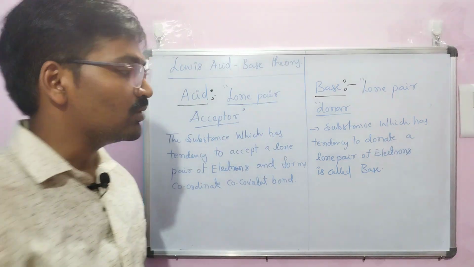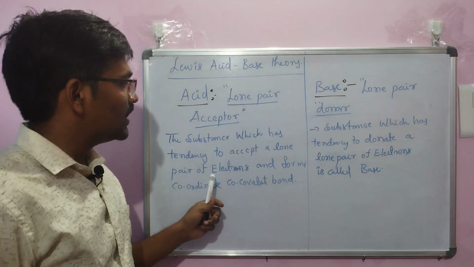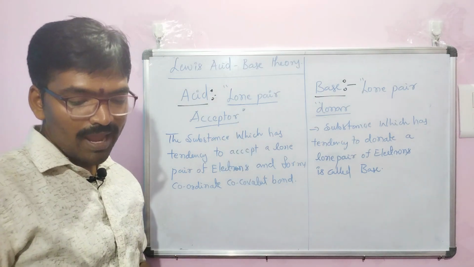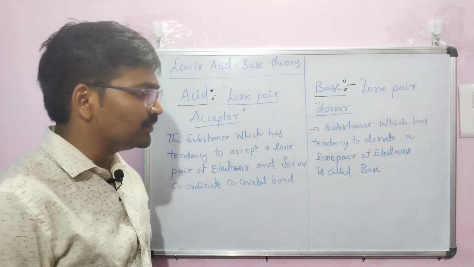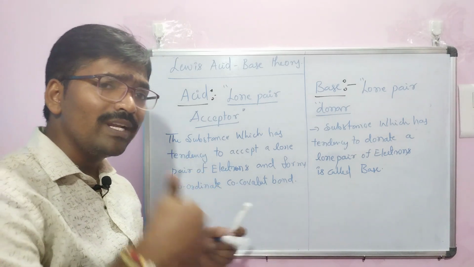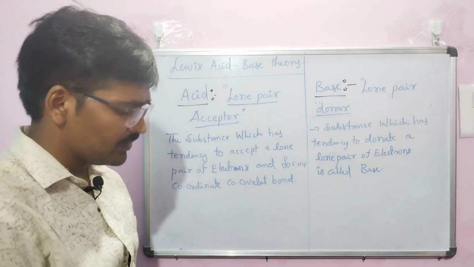Lone pair of electrons is called a base. One is acid, one is base; one is acceptor, one is donor. Here, with one example I will explain how it can donate and how it can accept.